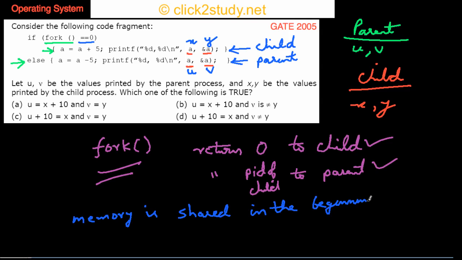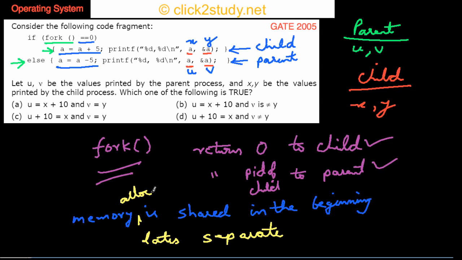As you create this child process, the memory is shared, but once you start writing to some variable, you're writing a, you're assigning some value to a, the memory is no more shared. Later they get separate memories, or address spaces, or rather the memory allocated. So they are on different parts of memory. That's what you can think from here, when you make this write.